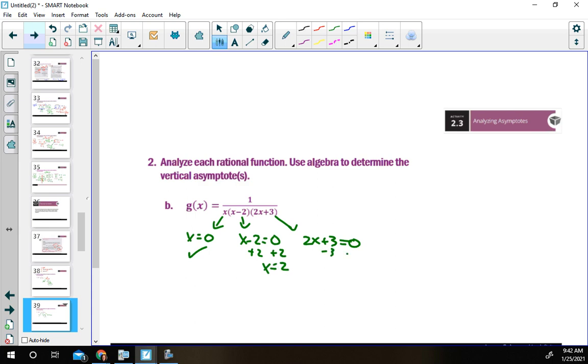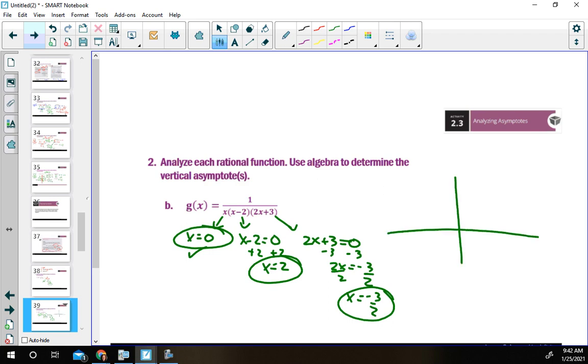This one I have to subtract 3, divide by 2. So all of my asymptotes, I'll have an asymptote at 0, an asymptote at 2, and an asymptote at negative 1.5. So what my graph will look like, there's going to be 1 here, there's going to be 1 here, and there's going to be 1 here. So everything's going to be super close together when you look at this graph.